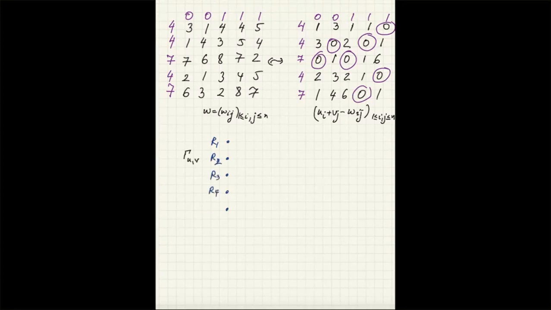The vertex set is the same, 5 rows and 5 columns. And now the edges are as follows.